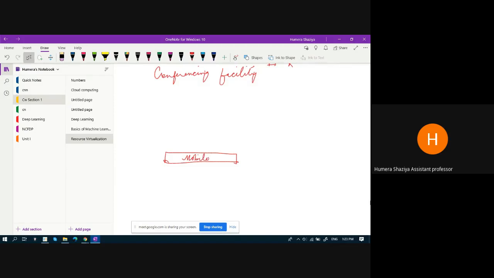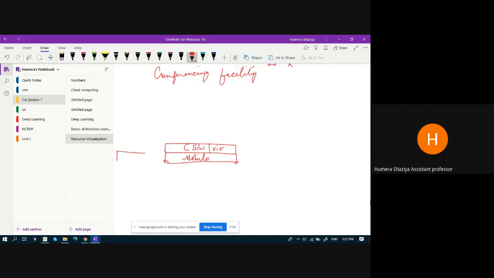You have all chips and other units in this mobile phone, and then you also have software in your mobile phone, which will function as conferencing software, or you can call it a virtualization layer.